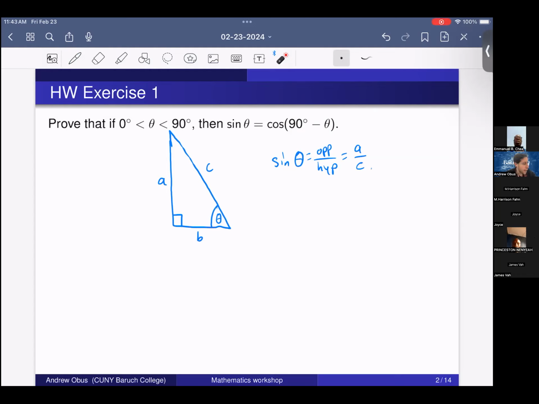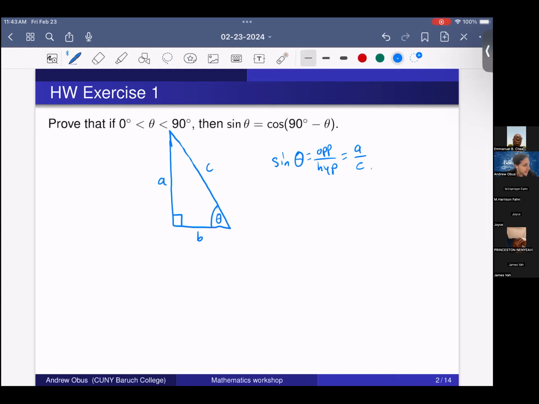Is there an angle in this triangle that measures 90 degrees minus theta? Well, we don't have that many angles to work with.